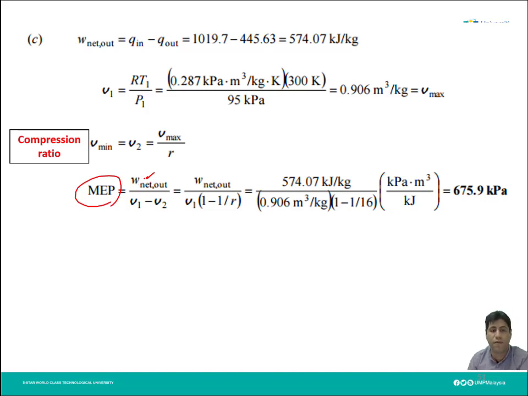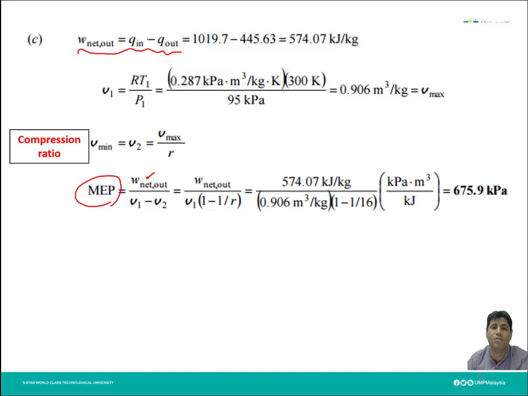First of all, to calculate W net, we have this equation. W net for the diesel cycle, or for a heat engine generally, is equal to Q in minus Q out. Q in is given to the cycle, W net out is the output of the cycle, and Q out is the amount of energy which is rejected to the surroundings.